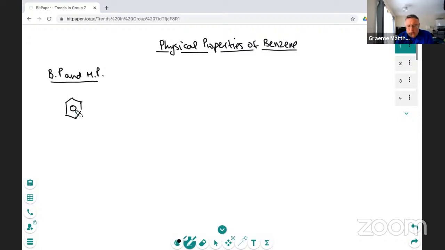Now, do you notice how I'm drawing the resonance structures by using a circle here? What I'm not doing is drawing the Kekulé structure, because if you start doing the Kekulé structure, then you start going down the path of, well, does the examiner think that you're talking about a double bond being inside benzene?